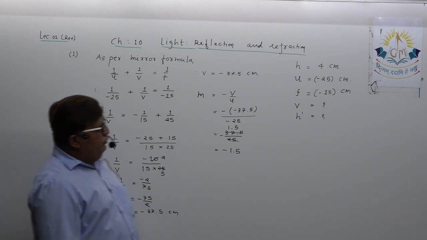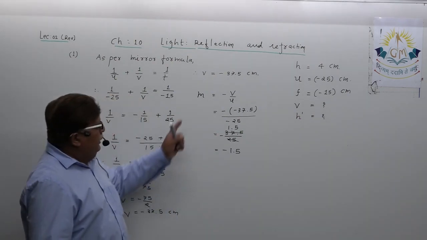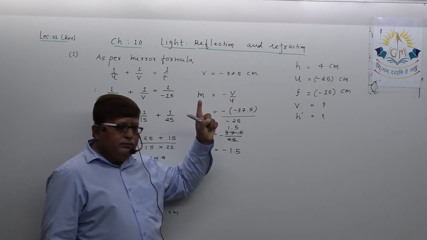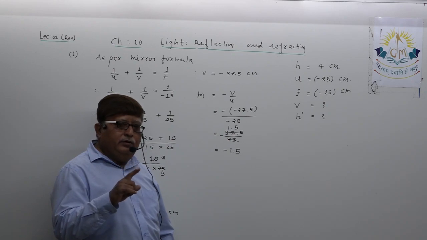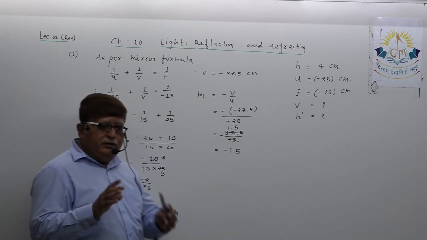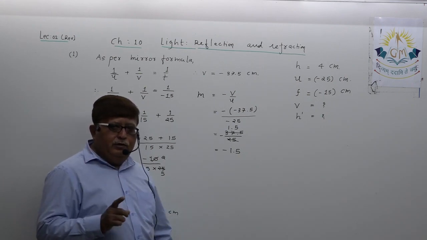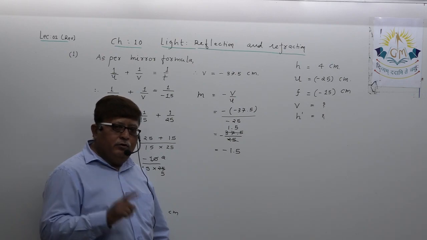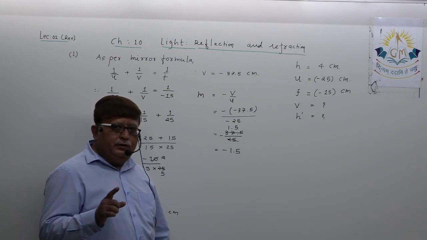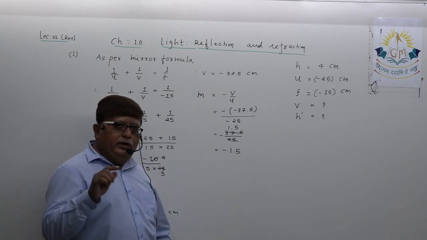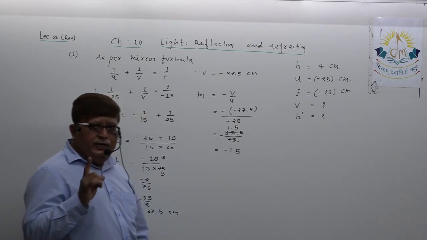Now, dear student, just catch the basics of the sum. When v is negative, you will get m also negative because the image is real and inverted. These are some points which give you a clue so that you will not perform any sum wrong in your exam. v negative, image real, inverted, in front of the mirror, m necessarily has to come negative. Mind this.